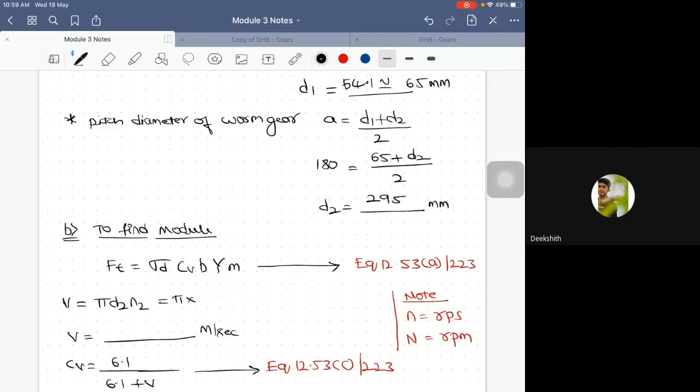Pi into 0.295 in meters, I'm substituting it, and 0.741. What is the value? You have to substitute N2, not N1. That too in rps.